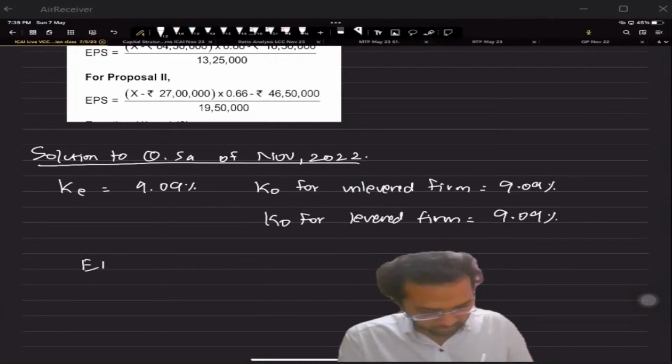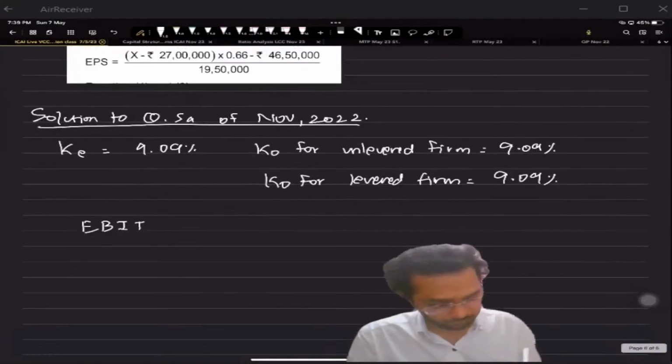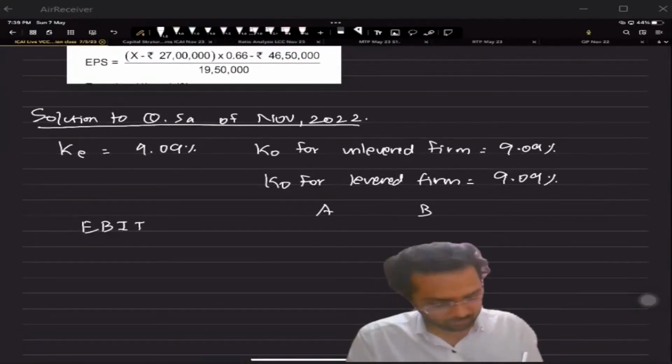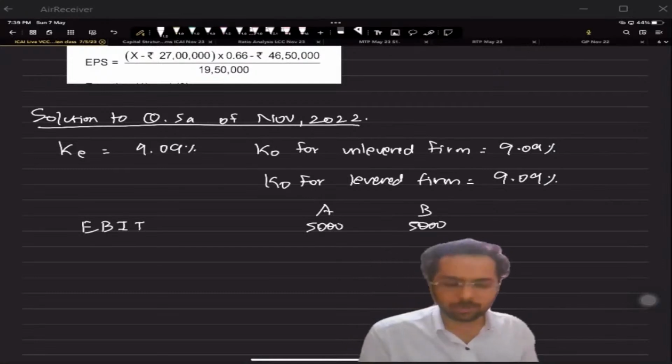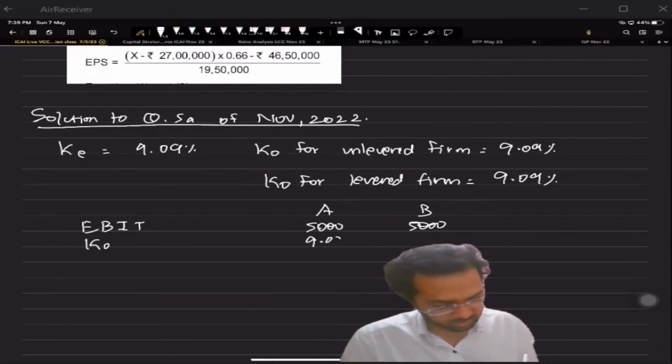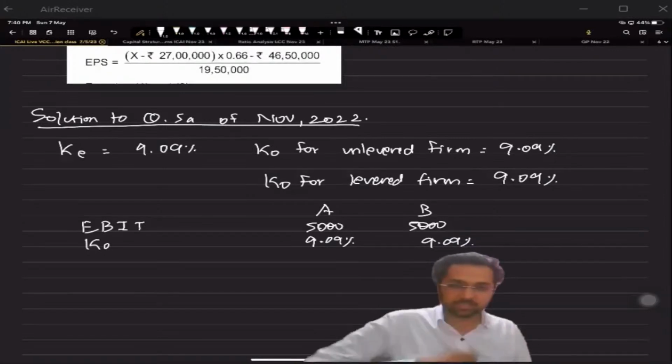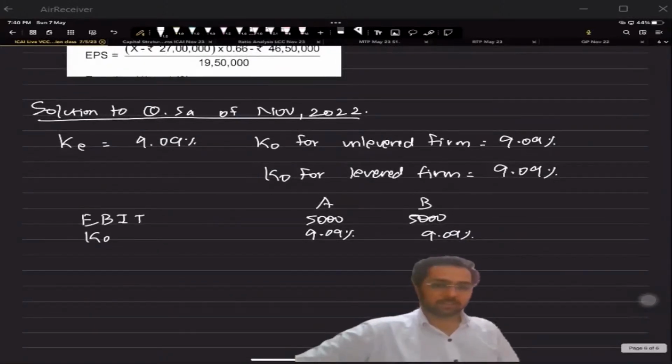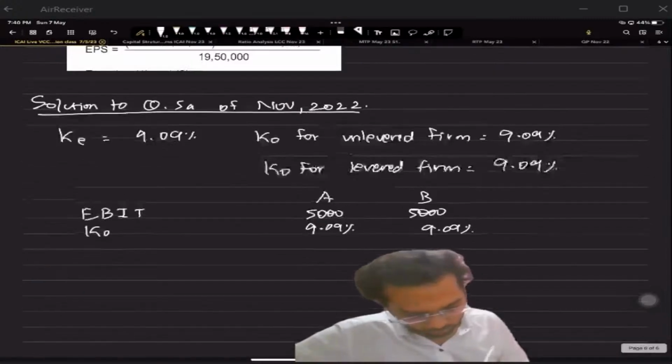So we have EBIT figure for A and B. So EBIT for A is 5,000 and for B is also 5,000 because that's the net operating income. Then we have the KO, which is 9.09% in both cases. And since there are no taxes, value of both the companies, levered as well as unlevered, is going to be equal.